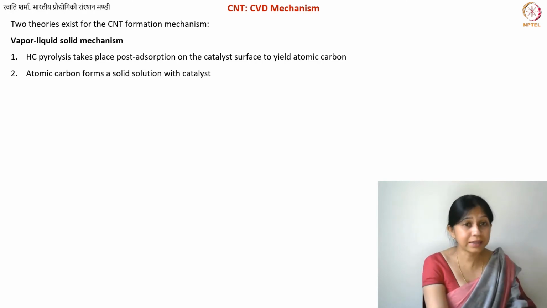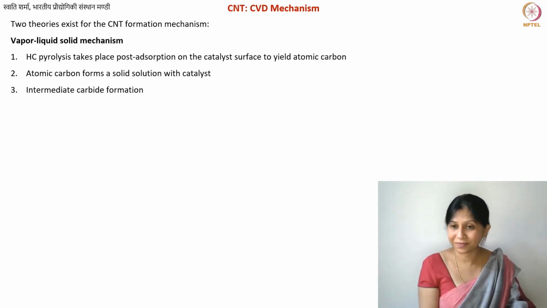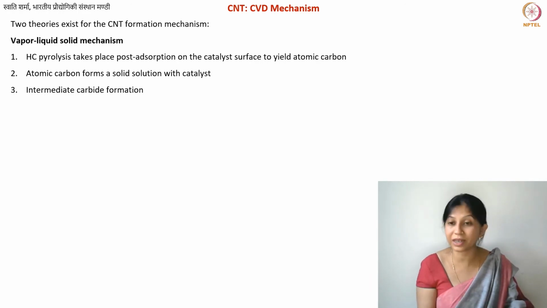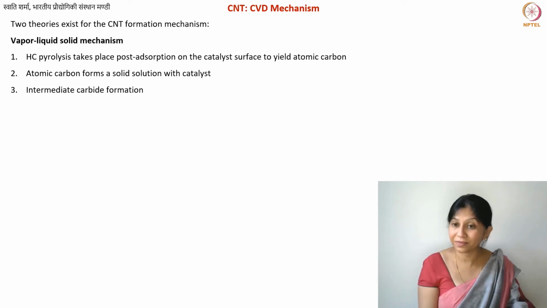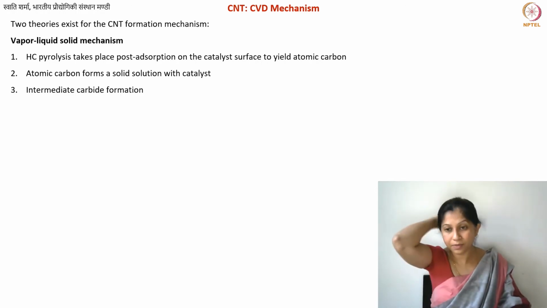Okay, and here there is one more interesting thing that is proposed, that you have carbide formation. So we know that in the context of catalytic graphitization, whenever we have transition metals, there is a high probability that some carbide will be formed, and then you can have carbon precipitating out of the carbide. So this is a very well-known theory, and in fact, catalytic graphitization is industrially used for a lot of purposes.